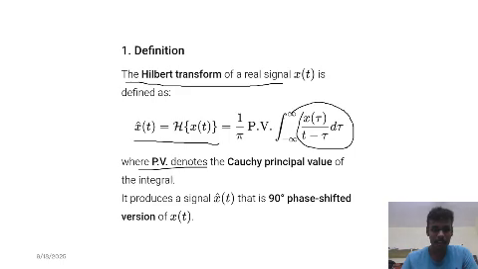So Hilbert transform produces a signal x cap of t that is a 90-degree phase shifted version of x of t, as we have seen in the definition.